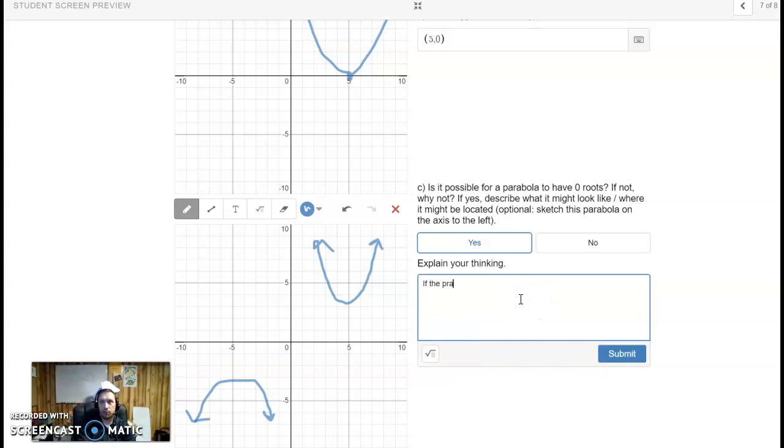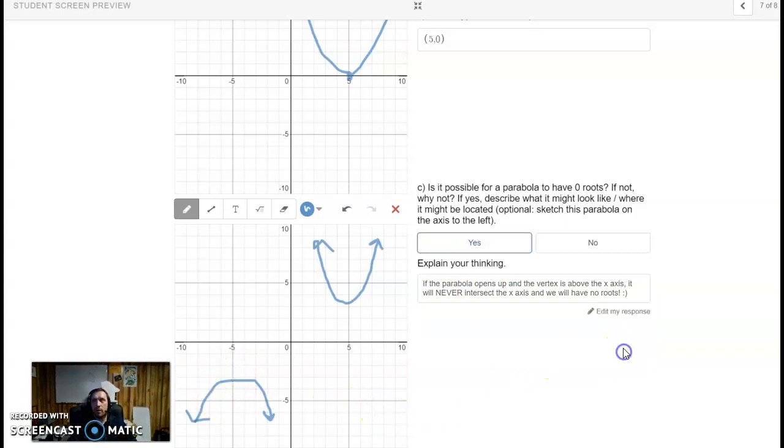If the parabola opens up and the vertex is above the x-axis, it will never intersect the x-axis, and we will have no roots. All right, same idea if it opens down and it starts below. All right, so there you go.